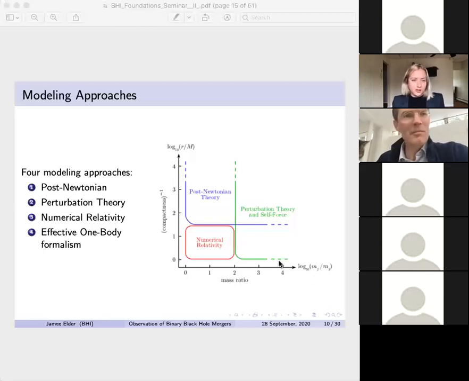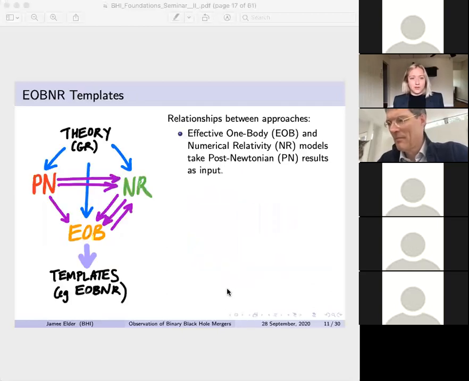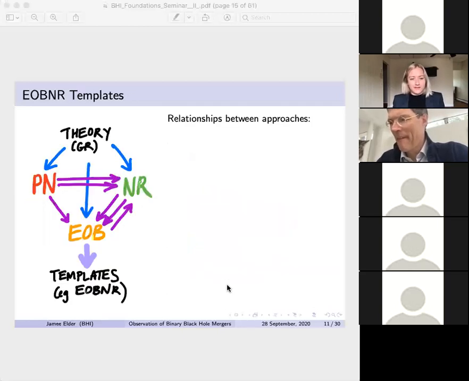So in the end, it's actually the effective one-body models, or some kind of version of them, that is used for the templates, because they're a tunable model that can be used to actually span the whole parameter space.